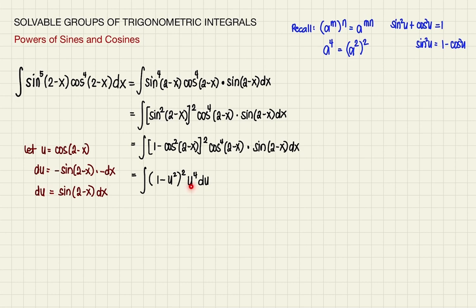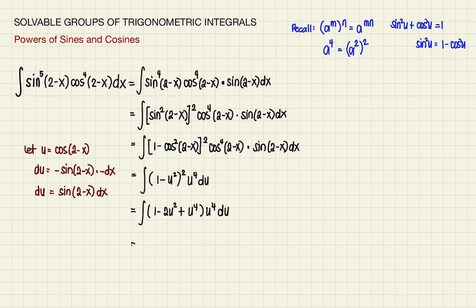Now, before we can distribute u to the power of 4 here, we still have to expand the binomial raised to the power of 2. Remember how to expand a binomial? That's 1 minus 2u squared plus u to the power of 4, times u to the power of 4 du.